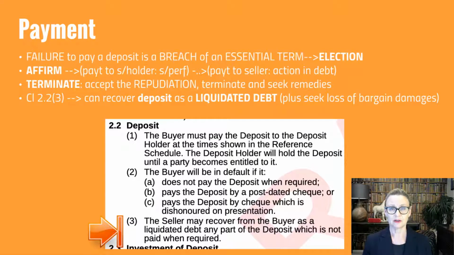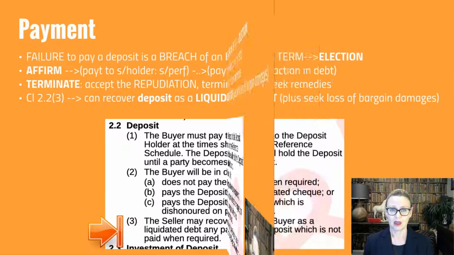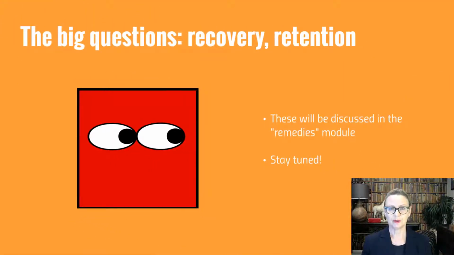So that is a little quick excursion on the nature of a deposit so far as it's relevant to this video series on forming a contract. The last thing that we need to briefly just flag for a future video series is our discussions on when a deposit is paid, but then things go very wrong and pear-shaped, how a buyer can recover that money back, or in the seller's case, if the buyer has defaulted, how the seller goes about retaining the deposit.